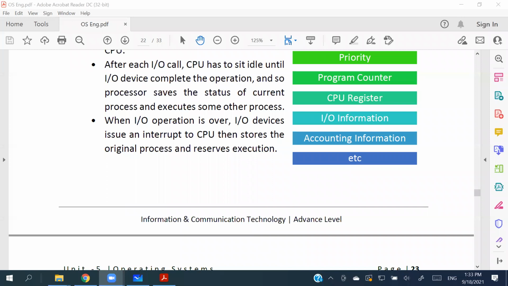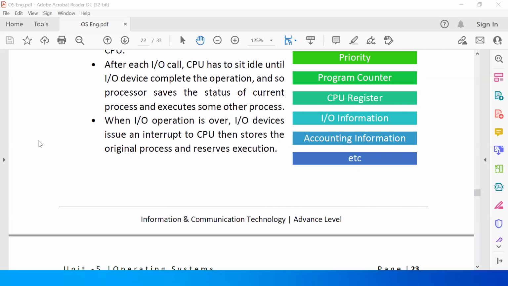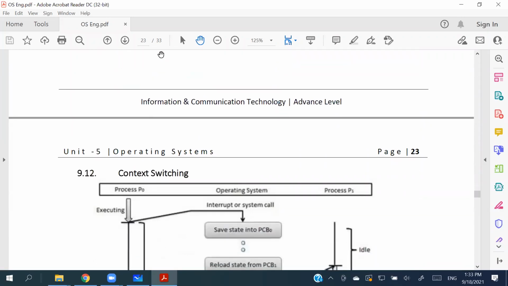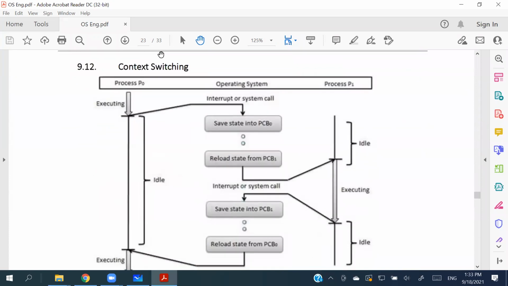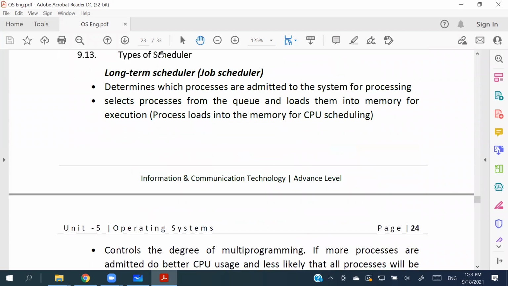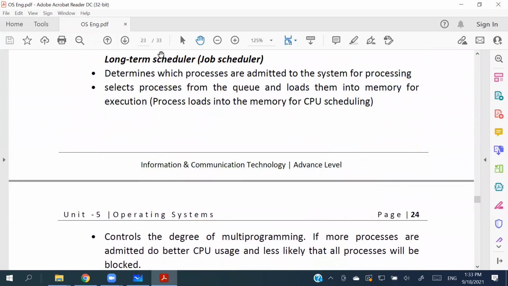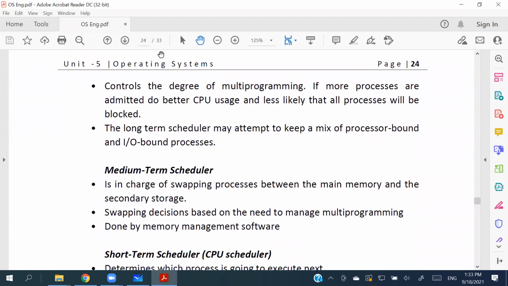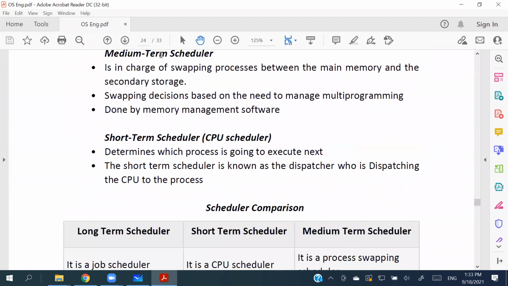Great. By next week, I am going to start the lesson from operating systems. We have to talk about a very important concept called context switching. After context switching, we are going to talk about the schedulers that we talked about a little bit earlier: long-term, medium-term, and short-term, in detail.